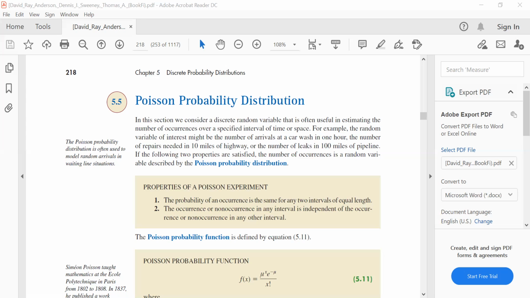This is an example of a Poisson probability distribution, where each time it breaks down is called an occurrence in Poisson.